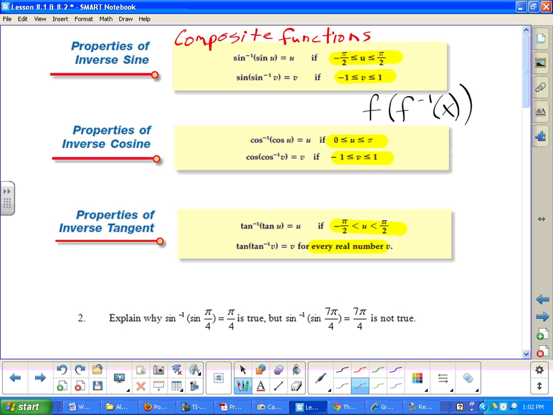But notice there's some restrictions on u and v, because when you do the inverse of sine, you have to get a number between negative pi over 2 and pi over 2. If you do the inverse of cosine, you must have a number between 0 and pi. So you have to pay attention to those specifics when we're doing the composites of sine, cosine, and tangent.